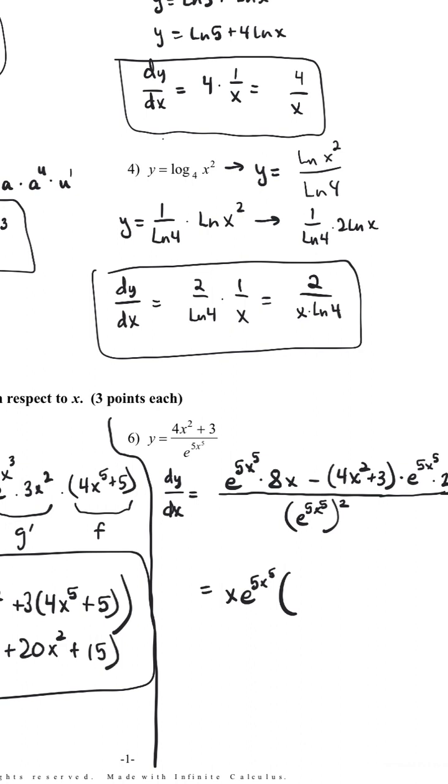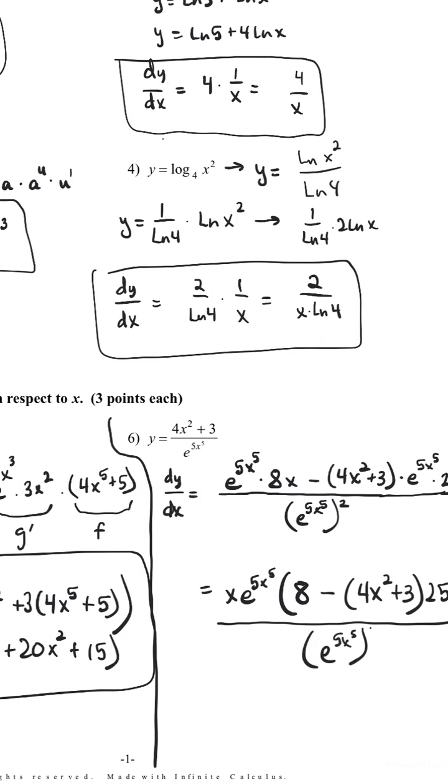What that's going to leave is 8 from here minus 4x squared plus 3 times 25x to the third divided by e to a power of 5x to the fifth squared.